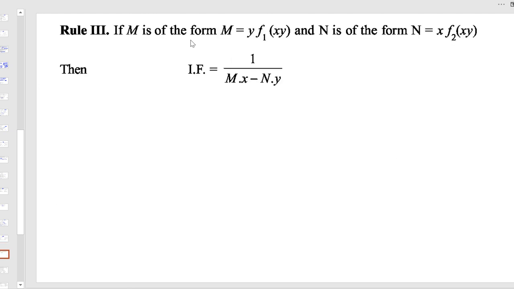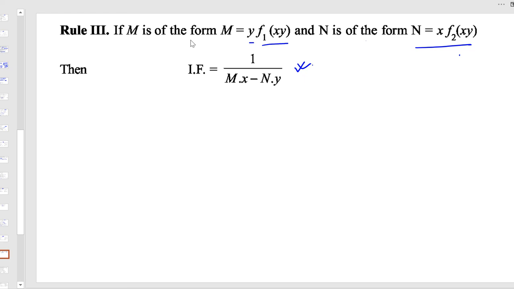There is another form. If we have m of this form, y times f1 of xy, and n has x times f2 of xy, then the integrating factor will be of this form. Why is the integrating factor needed? Because we want to make it exact.